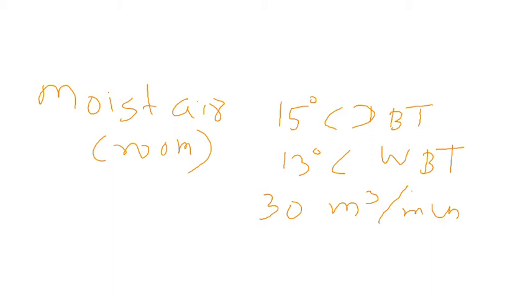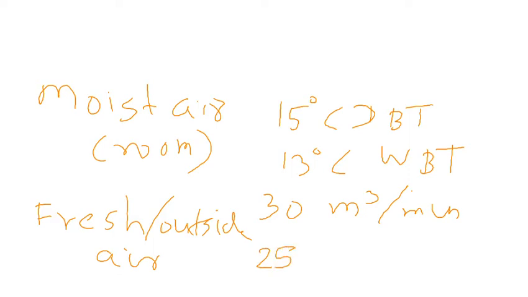So this is one air stream, and let us say that it is to be mixed with the fresh outside air, and it is having, let us say, the dry bulb temperature as 25 degrees centigrade and the wet bulb temperature as 18 degrees centigrade, and a small quantity of it is mixed.